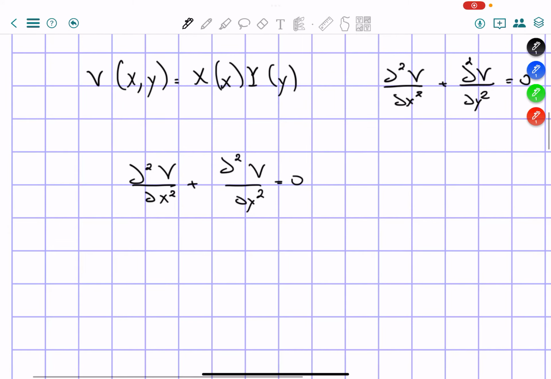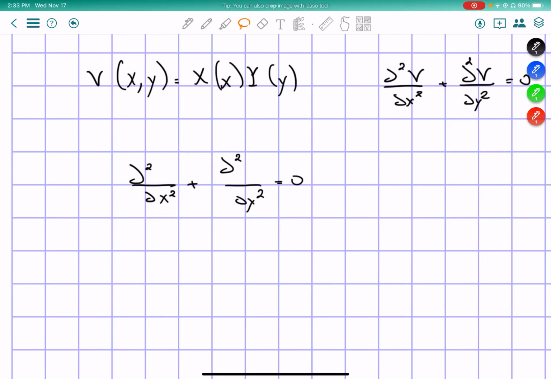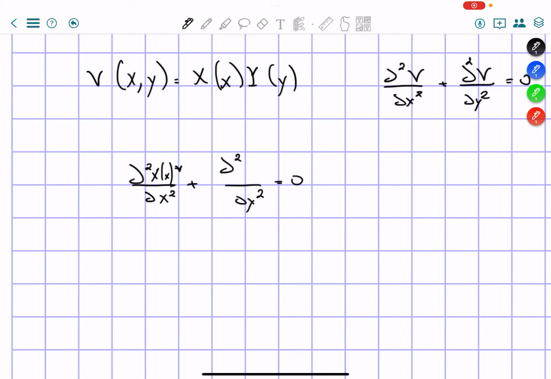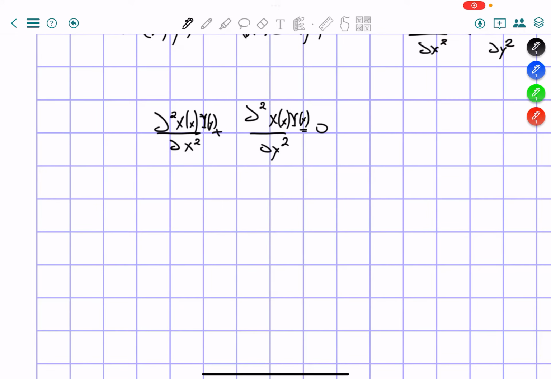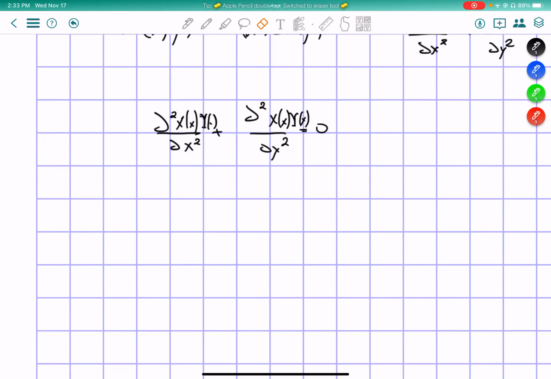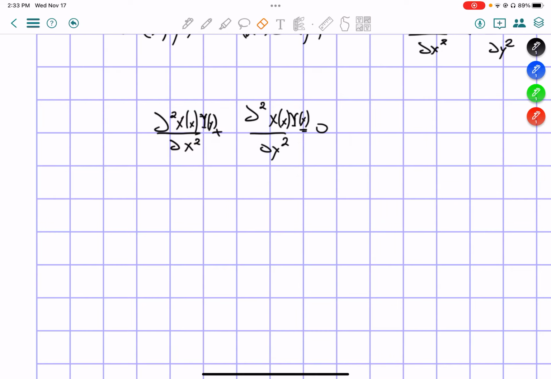Now let's imagine that we plug in V for our functions. So here we're going to have capital X in terms of x and capital Y in terms of y. If you notice, capital Y of y is actually constant when we derive with respect to x, because we have no x in that function.